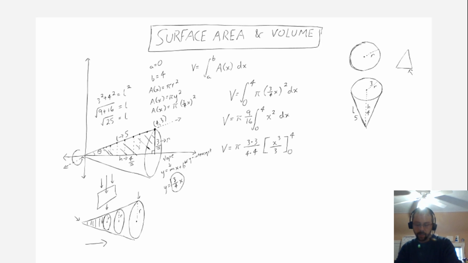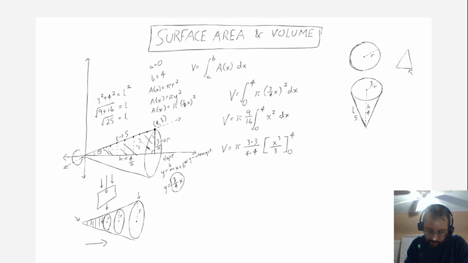And to solve, we would have to plug in the 4 for x, then subtract plugging in 0 for the x. But when we plug in 0 for the x, 0 cubed is 0, 0 divided by 3 is 0, so we're going to end up subtracting 0. So we can actually ignore the lower bound, which is 0. So that's what we're going to do.